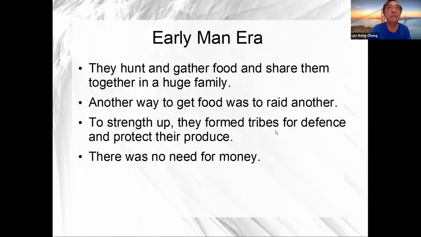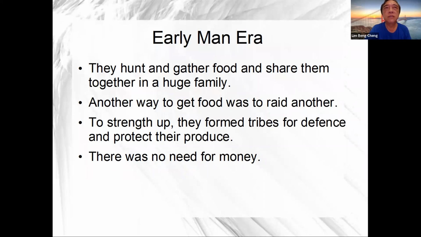Okay, so we start with the early man. Early men go around hunting and gathering food, and when they come back, they share it together in a small or huge family. It is similar to apes, gorillas, chimpanzees, these types of animals. They live in a group, so the adults will look after the young, the children, and so on.